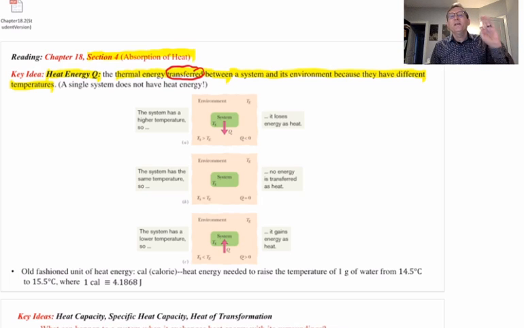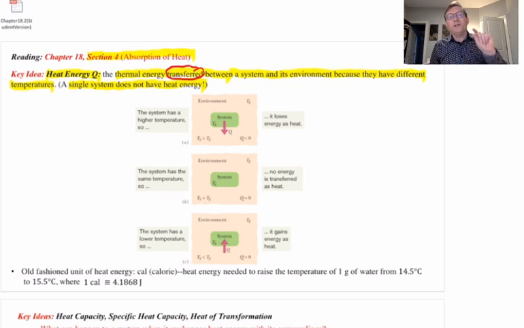Again, heat energy is energy that has been transferred from one thing to another. Please note then, it would be a non sequitur to talk about a single system having heat energy, because that flies in the face of what we just defined heat energy to be, as energy transferred between one thing and another.